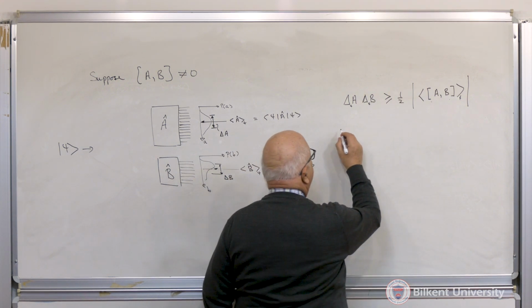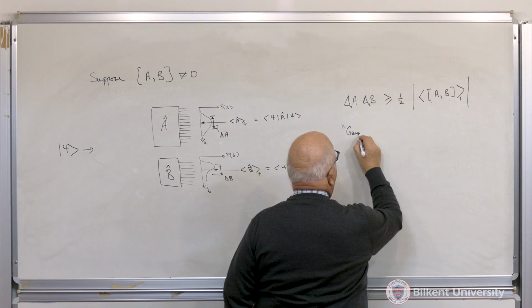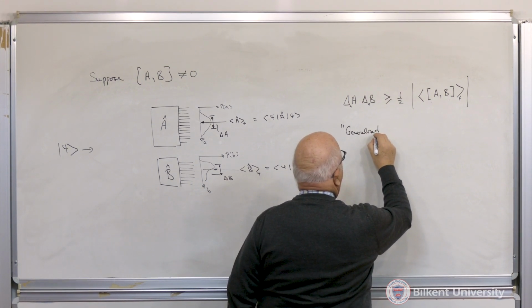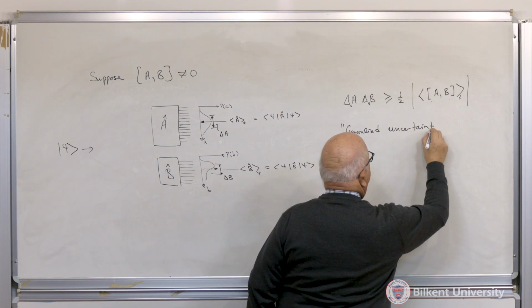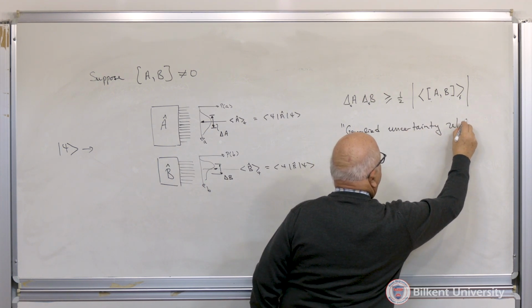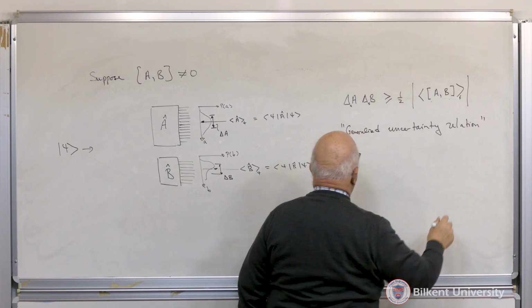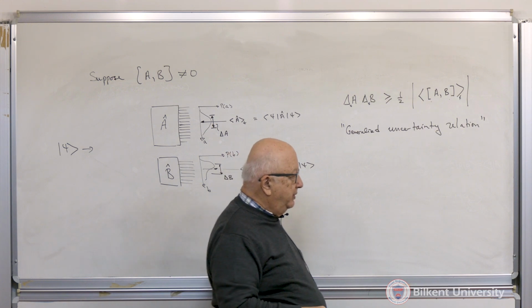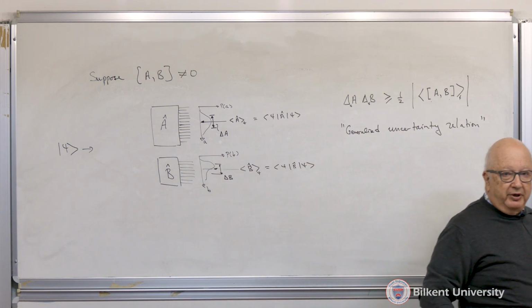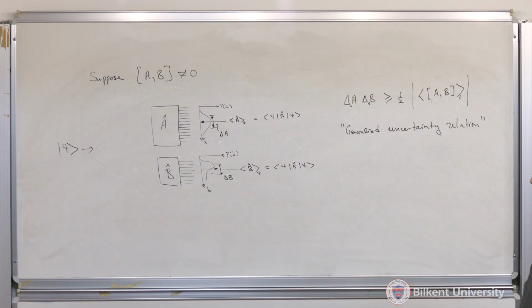So this is called the generalized uncertainty relation. The proof is in Griffiths, a one-page proof, which I'm not going to duplicate here because physically it doesn't really contain anything very much, but the result is very important.